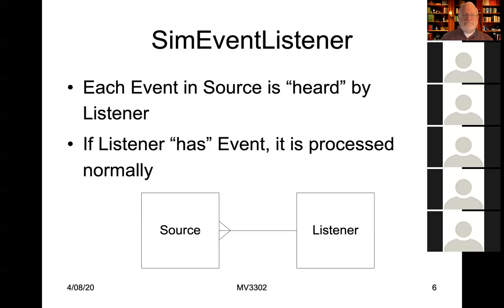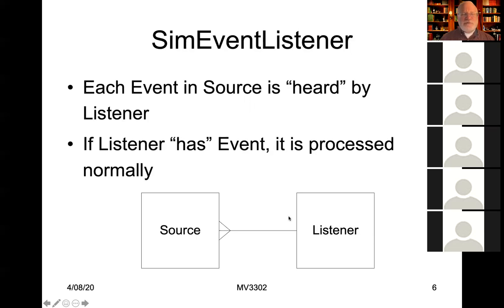So the idea here, each of these boxes is a canonical representation. Each of these boxes consists of a separate event graph model. But you have a source and a listener.